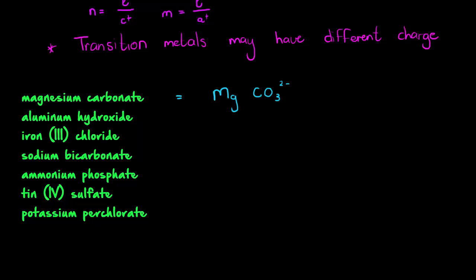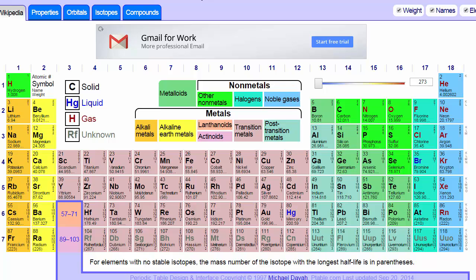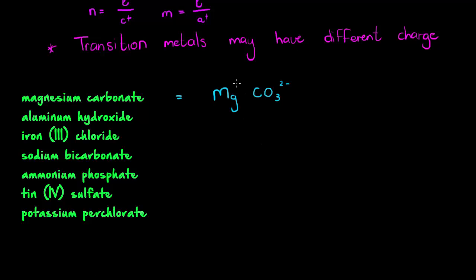Now magnesium, let's see what charge magnesium has. All the elements in the first group will have a 1 positive charge because they've got 1 valence electron, and when they give that away, they have 1 excess proton. All in this group will have a 2 positive charge, sorry, because they give away 2 electrons. So magnesium will have a 2 positive charge.